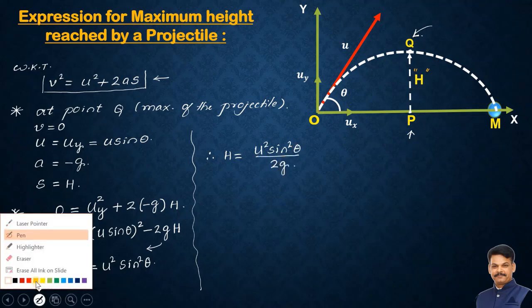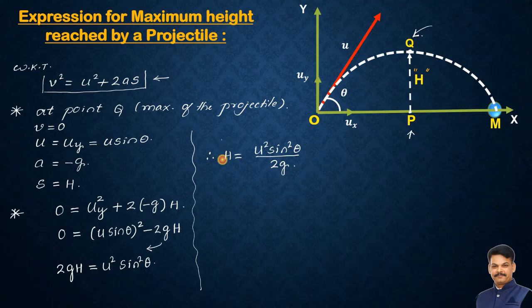So dear students, this is the final equation we have derived for the maximum height reached by the projectile from the ground, right? It is the equation related to the maximum height. Sometimes it is also represented as h maximum. H maximum is equal to u square sine square theta divided by 2g.